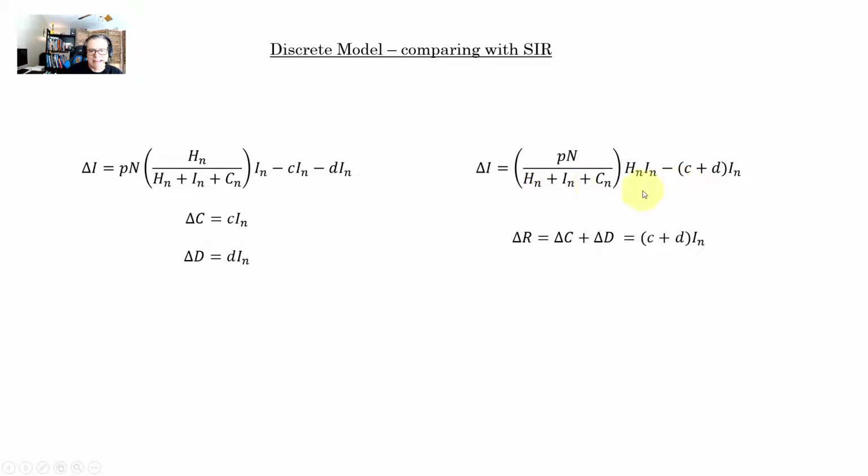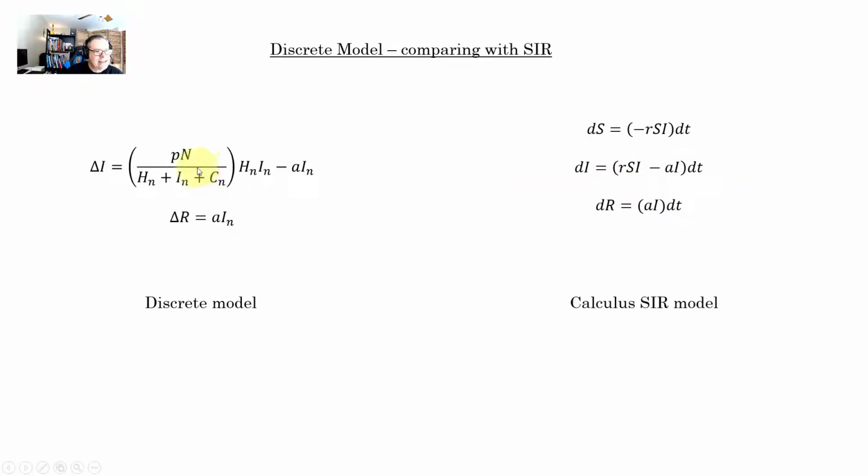So then it's really this that I'll now just say that C plus D is some A value, and this is something that I can recognize is essentially equivalent, although not exactly the same, because in the SIR model we take that lowercase r to be a constant.